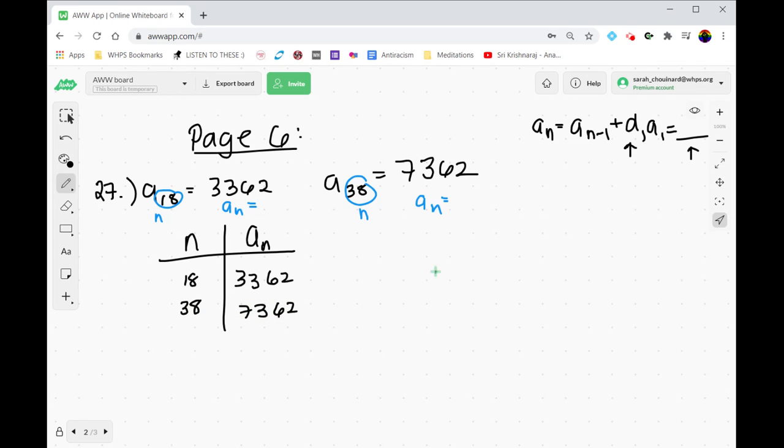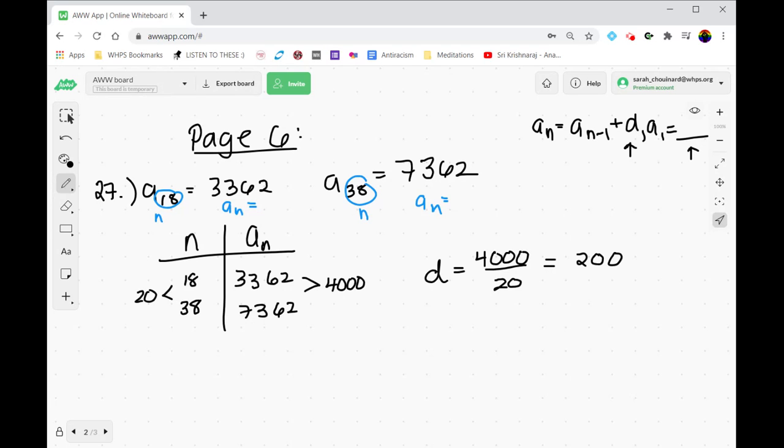The reason I'm going to do this is because the common difference is essentially the rate of change. If I have it in the table, I can see that a sub n went up by 4,000 and n went up by 20. So my rate of change, or my common difference, is 4,000 divided by 20, which is going to be 200.